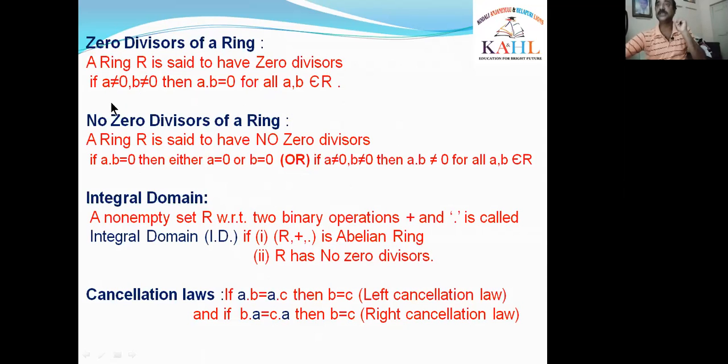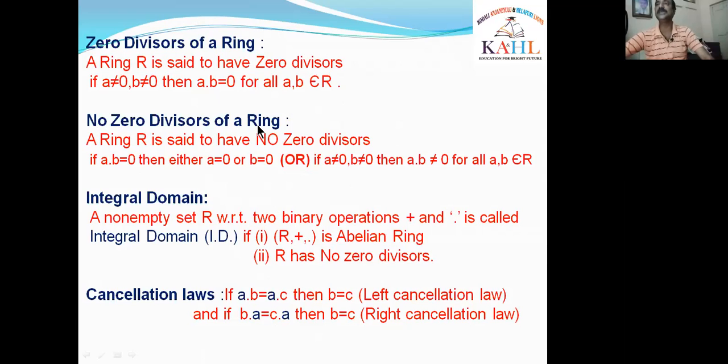Two non-zero elements A and B, but the product AB is 0. If this condition is satisfied, then we say that R has zero divisors. The next definition is very important, and it will be used for the next definitions: no zero divisors of a ring.